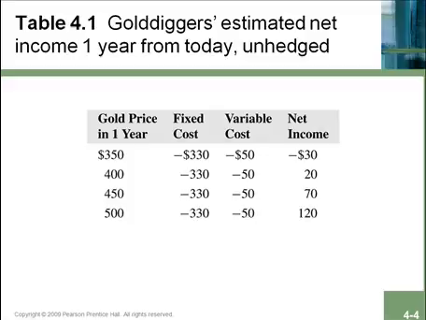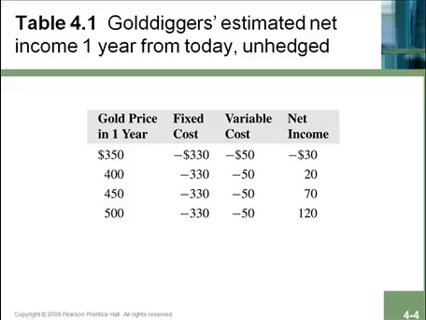Well, the company has already committed to producing a certain amount of gold within a year's time. And it will sell that gold at whatever the going market price is. Now, the company also has fixed and variable costs that don't depend on the price of gold, and based on the amount that's going to be produced, the fixed cost will be essentially $330 per ounce, and the variable cost will be $50 an ounce, and so that'll add up to $380 an ounce.